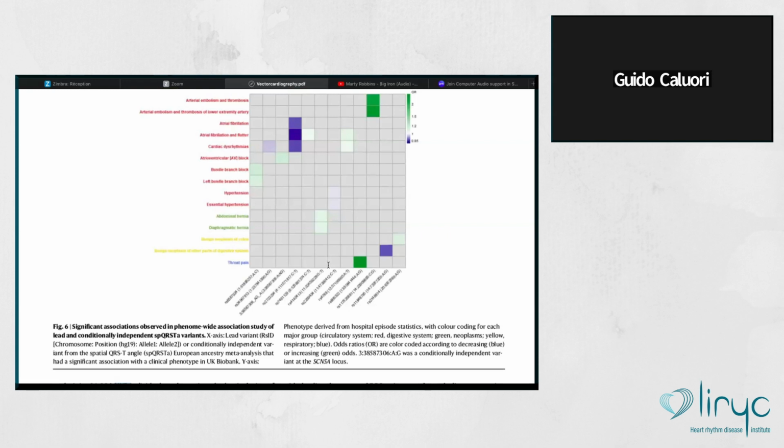They are dependent on this spatial QRST angle, but they seem to be cardioprotective, more than a risk factor. So this is fairly interesting.